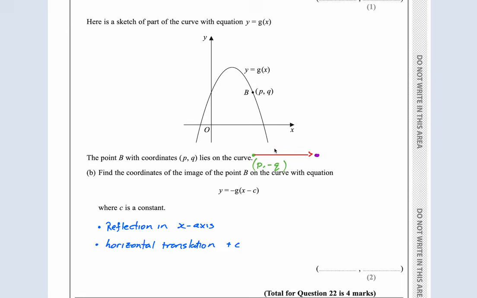So the x coordinate gets C added onto it. So that becomes P plus C. And the y coordinate stays the same. That's just minus Q. So we're left with P plus C and minus Q. That's it. P plus C, minus Q.